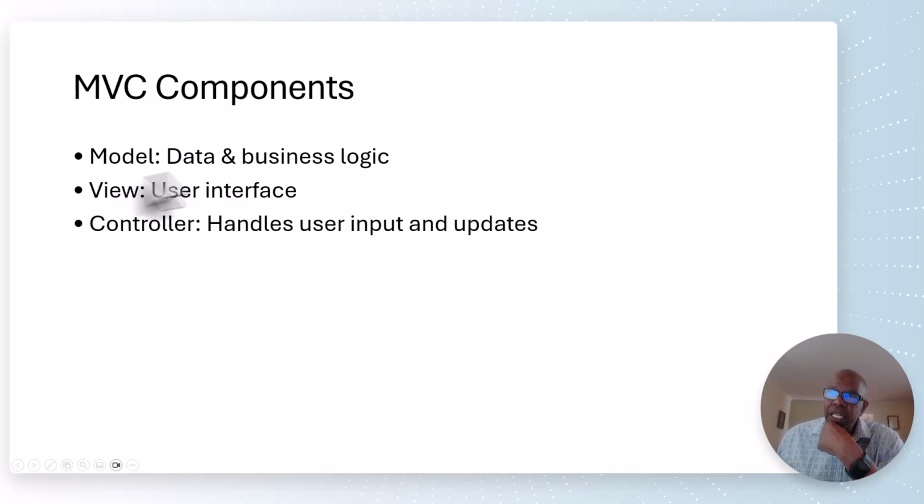MVC stands for Model View Controller. The way it's set up, model handles the data and the business logic. View handles the user interface, and controller handles the user input and updates. So we're basically breaking the requirements for writing the code into 3 separate modules: model, view, and controller.